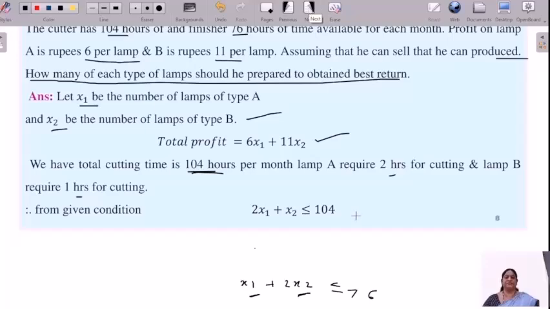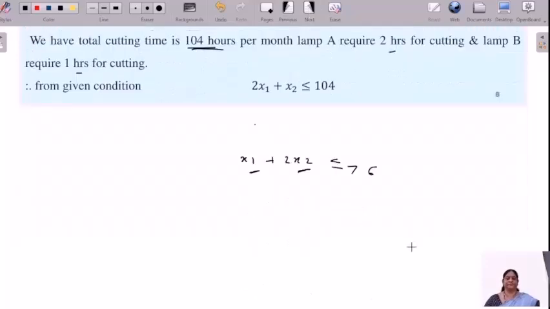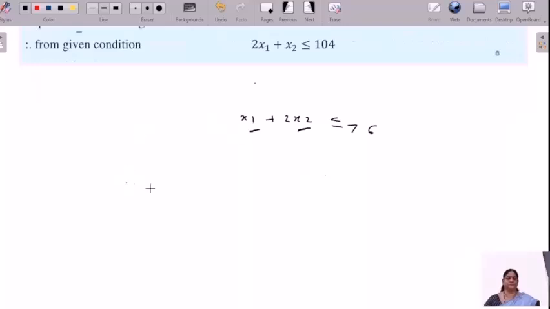And hence our LPP becomes: maximize Z, because profit is maximized. Z equals 6x1 plus 11x2, the total profit, since the profit per unit of x1 is rupees 6 and on x2 it is 11.